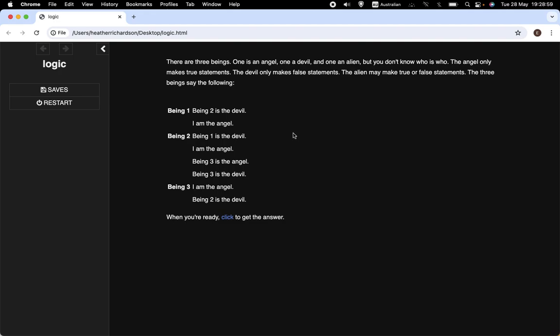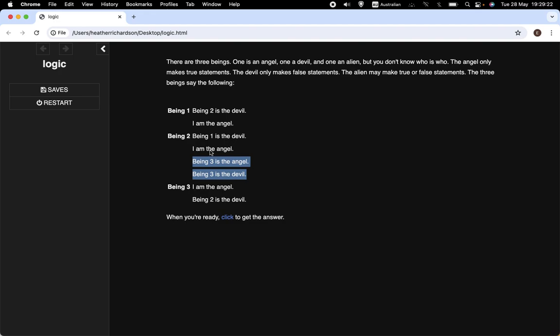But let's have a look at this. Being 2 makes 2 contradictory claims. Being 2 also claims to be the angel as well. Being 2 says being 3 is the angel, but also that being 3 is the devil.